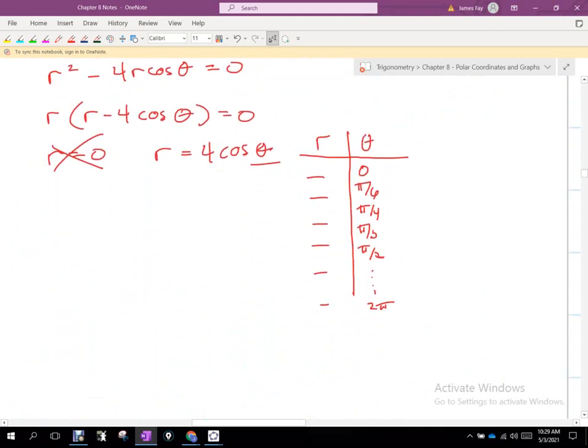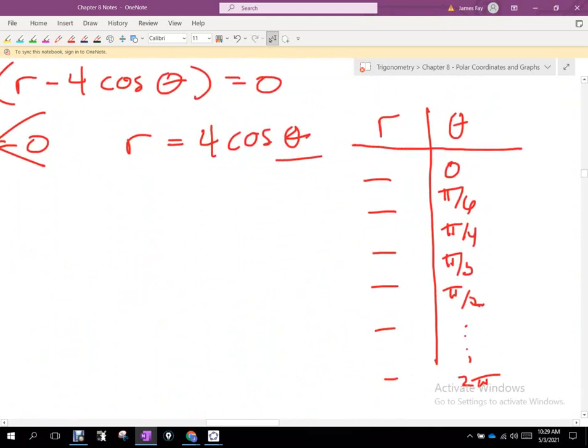Okay. Now let's look at this real quick. How can I realize that from just r equals 4 cosine theta? What happens is if that function there is cosine, it's going to be centered on the x-axis. So whenever this is cosine, the circle is going to be on the x-axis. The radius is going to actually be half of that number right there.